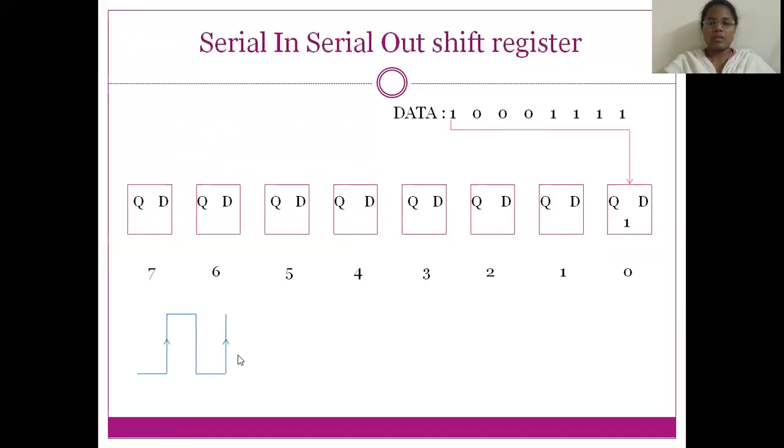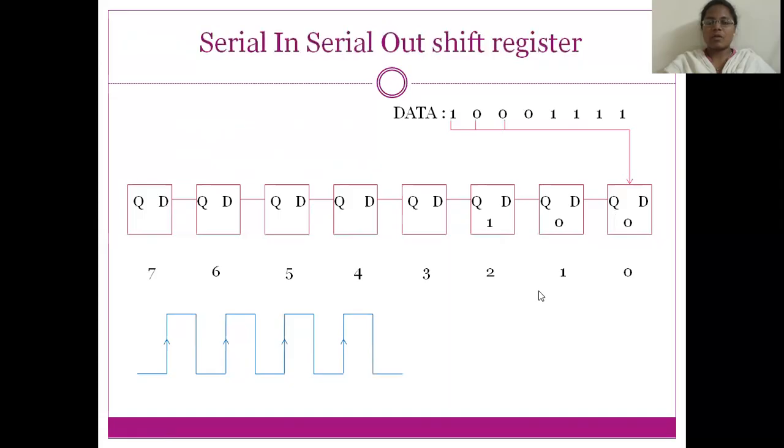For the next clock cycle, again the process repeats. The third data bit will be stored in the first flip-flop and the others will be transferred to the next flip-flop.